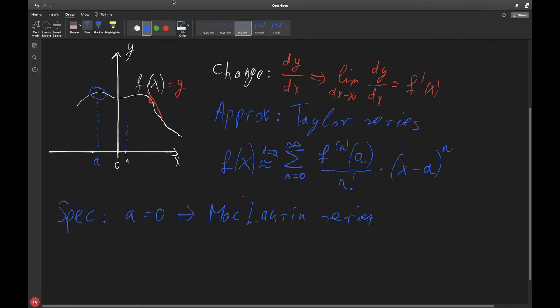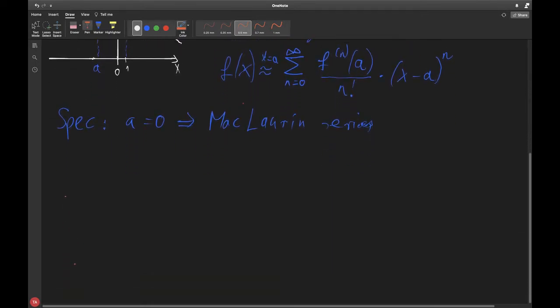So let's do an example, and this example will be the sine and the cosine functions, and then later we can do the exponential as well. Let's just approximate sine around a equals 0.